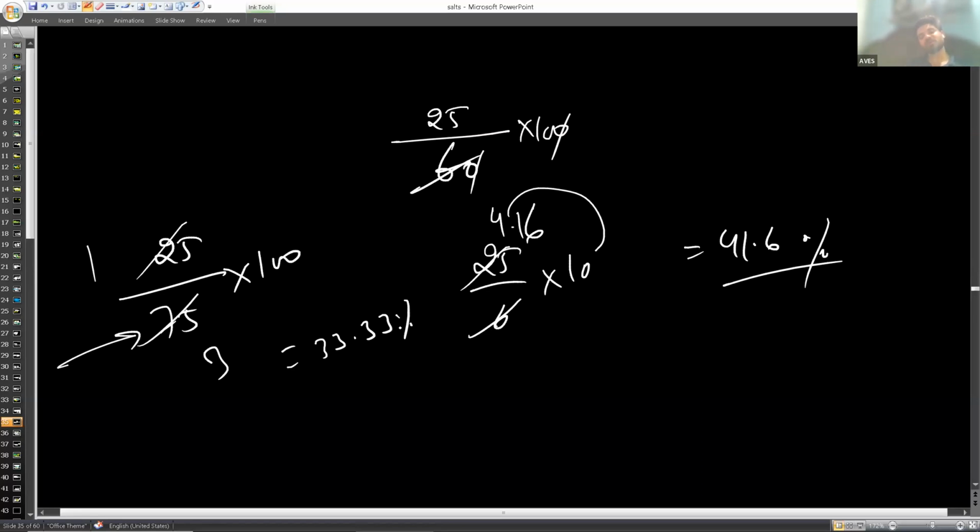Tell me the formula for solubility. The previous class we have studied this one, solubility.